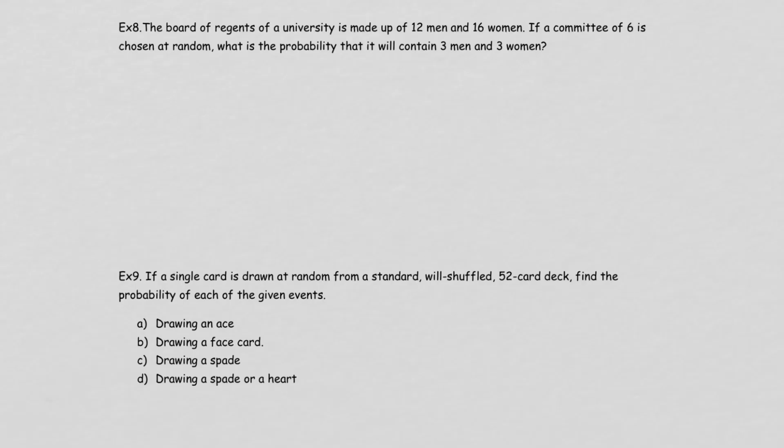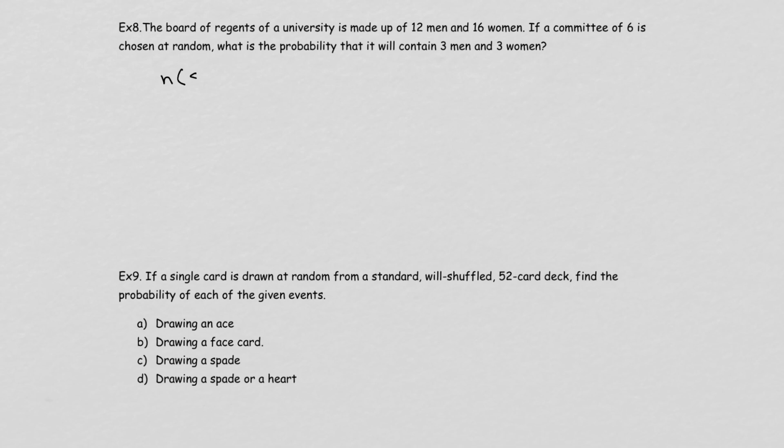Example 8 is asking, a board of regents of a university is made up of 12 men and 16 women. If a committee of 6 is chosen at random, what is the probability that it will contain 3 men and 3 women? So because it's a mixture of many options, let's see.